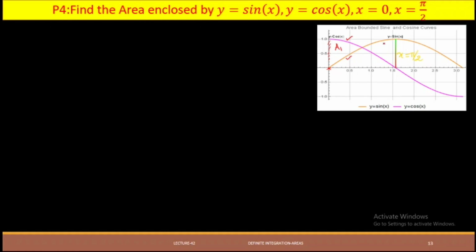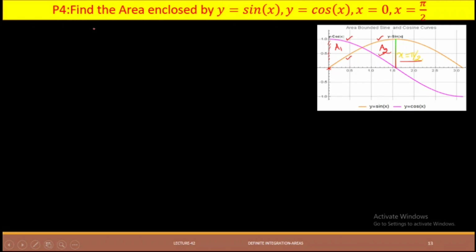And this is the line x is equal to pi by 2, bounded by sin x and cos x. So this is one more region that we need to find out. Here we are applying result 5 to find out the required region.